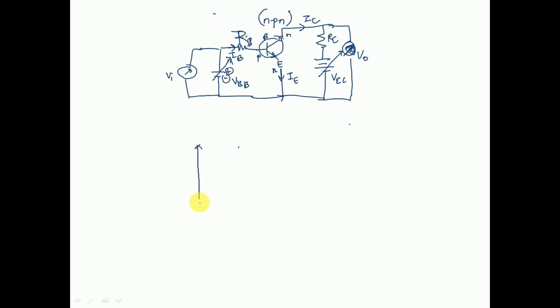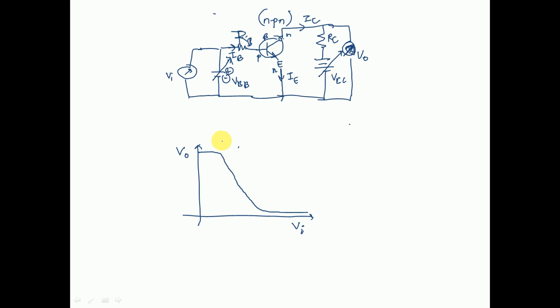Now, since we want to draw the graph, the transistor actually works in three different regions. Along your y-axis, I'm writing V0, that is the output voltage, and along your x-axis, I'm writing the input voltage. Please look at the graph very carefully. This is a very important graph.